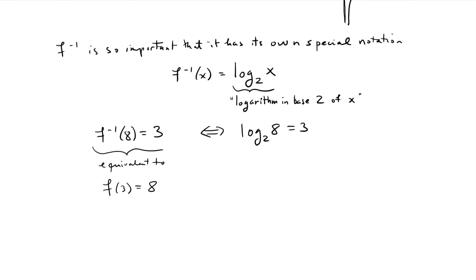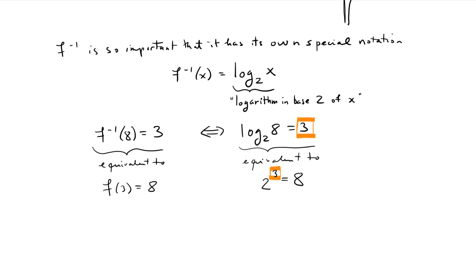Now, going back here, this is equivalent to, let's just translate f of 3 equals 8. This means 2 to the 3 equals 8. So one thing you should remember, and I often see students forgetting about that or never having seen it, is that a logarithm is an exponent.